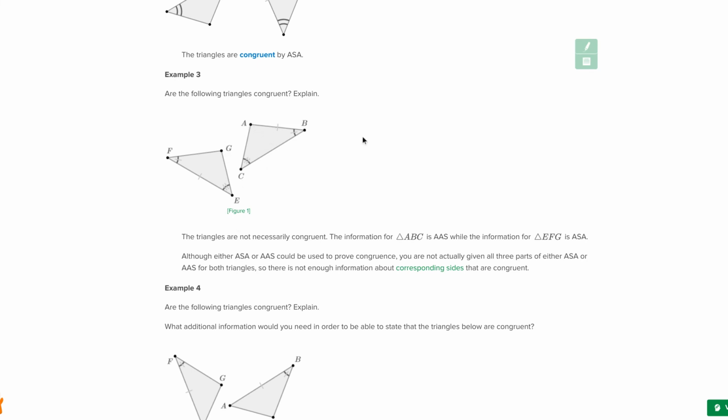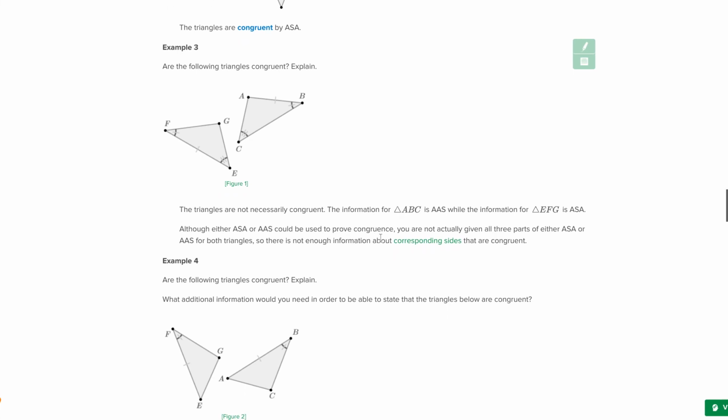Anyway, we're actually seeing the problem here. If this is the side that I know here, and this is the side I know here, and those two are equal, uh-oh, that's not going to work. So we cannot prove that this one is congruent. There's not enough information here.